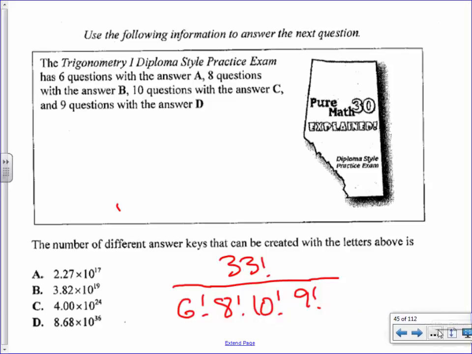We just need to figure out whichever answer this one is then. What'd you get? A. Okay.